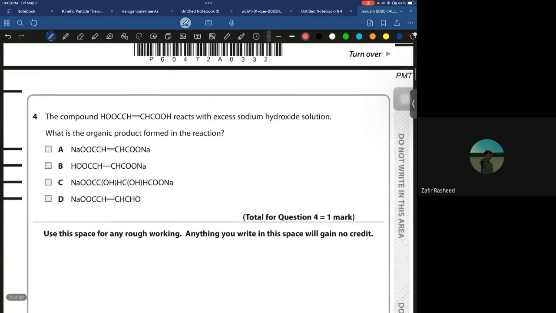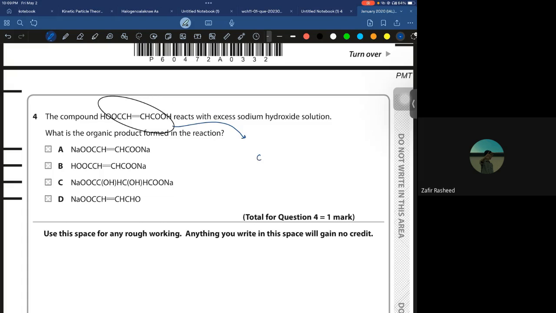Amide linkage, because there is a nitrogen, remember. Then question 4 says the compound reacts with excess sodium hydroxide solution. What is the organic product formed in the reaction? So we have to react with the sodium hydroxide solution. First of all, you know what this is?